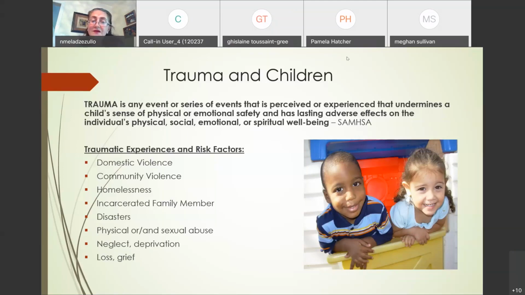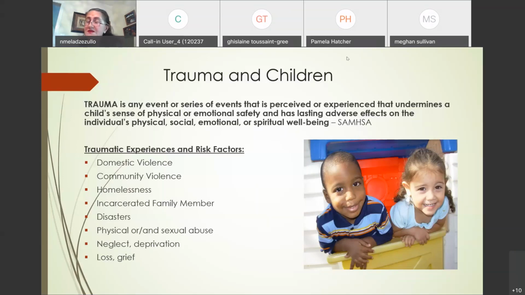And I have here on the slide what could be causing those traumatic experiences and what the risk factors are. The list could be long, but I have a couple of main factors, which, of course, all of you agree with me: domestic violence, which a child can see at home.